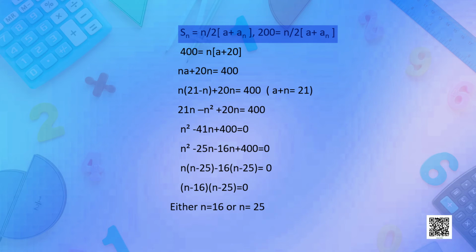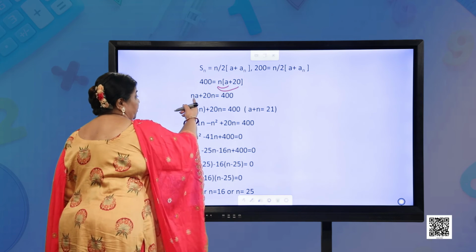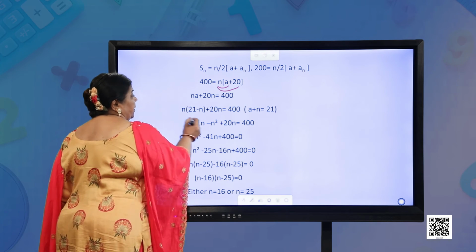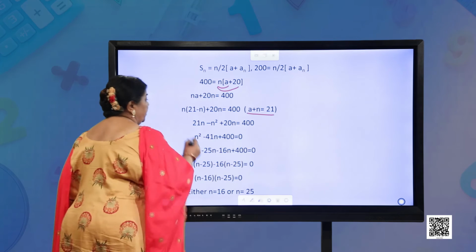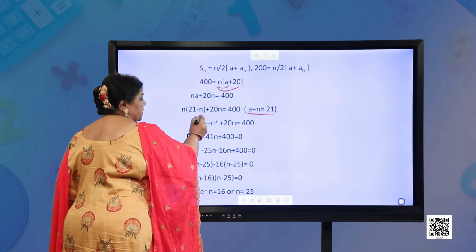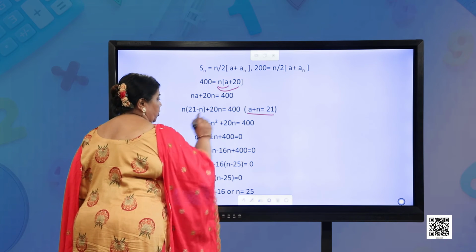So, 200 is equal to n upon 2 into (a plus a n), which can be simplified as 400 is equal to n into (a plus 20), which on opening the brackets will give me n a plus 20 n is equal to 400. On substituting the value of a, which we have obtained earlier, here a plus n was 21, n into (21 minus n) plus 20 n is equal to 400.